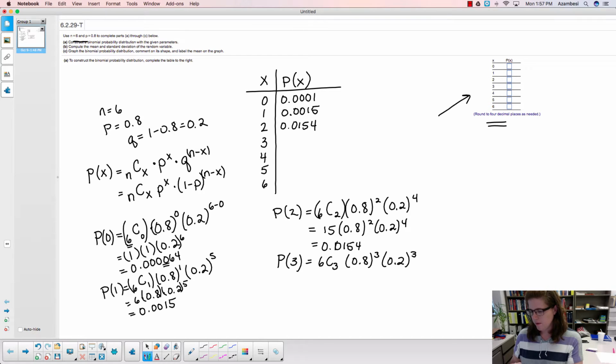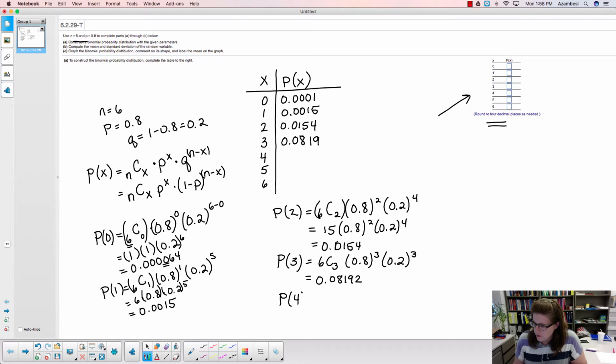And continuing on, 6 combination 3 is equal to 20 times 0.8 to the third times 0.2 also to the third. Now, since the probability is 0.8, that means that as we go on, we should expect these to increase.